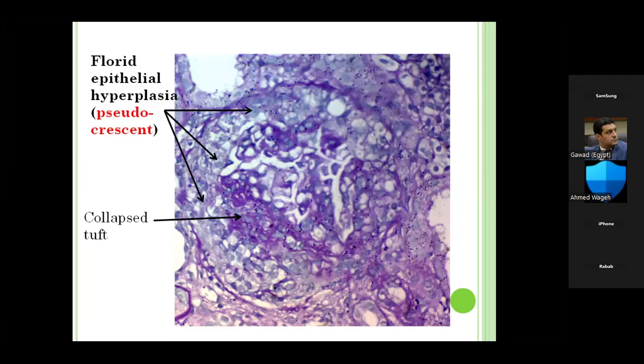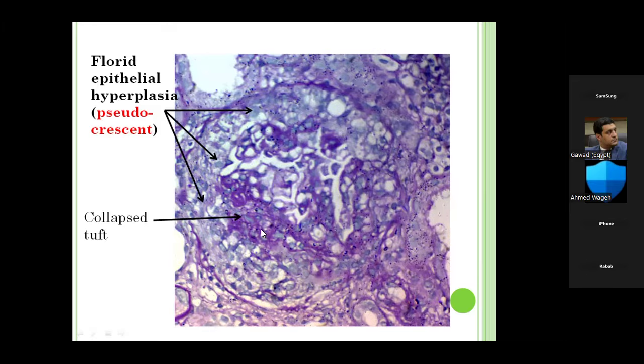And let's see what is florid epithelial hyperplasia. It is the hyperplasia of the visceral podocytes. So it's a proliferation of the same type of cells. The nuclei, all of these nuclei are of the same features. No inflammatory cells in between.